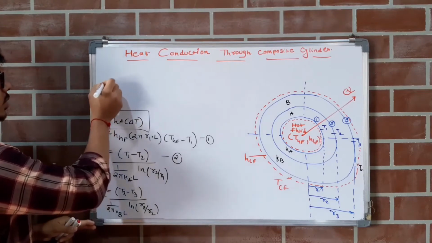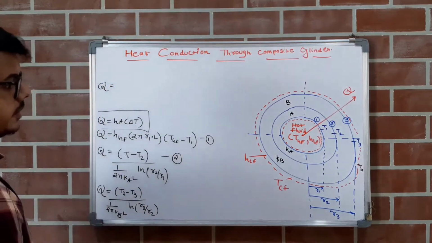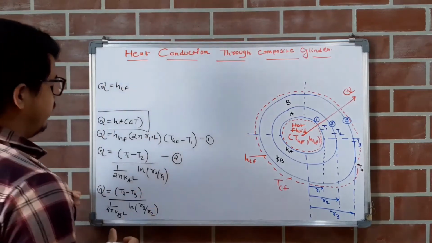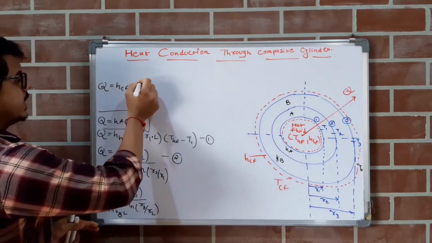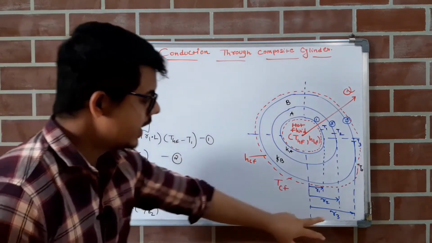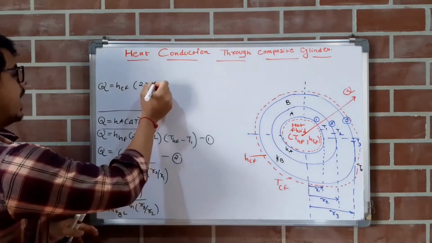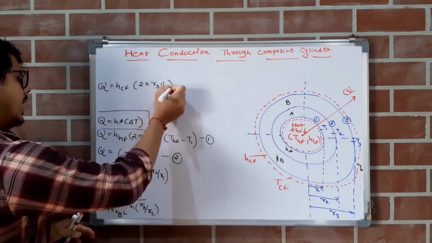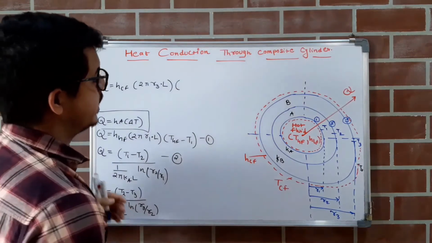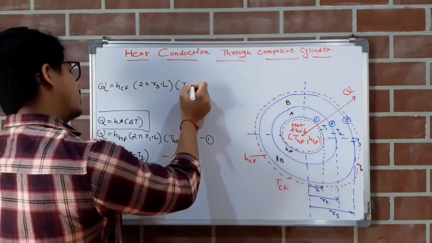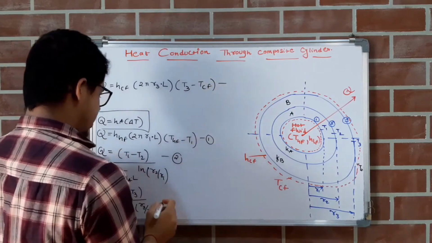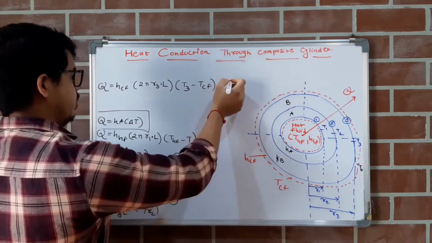So here Q is equals to HCF, that is heat transfer coefficient of cold fluid, into A. Area is 2 pi R3 into L, and the temperature difference will be T3 minus TCF. So this is equation number 3 and 4.